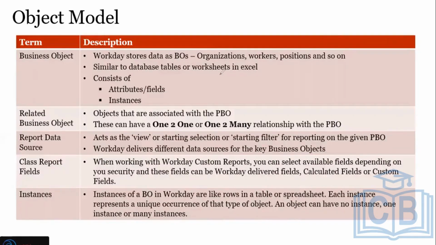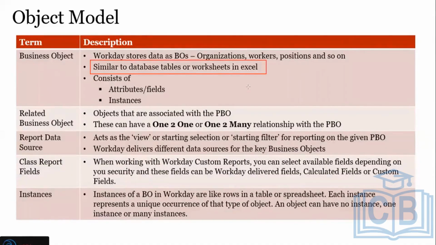Now, business objects are very similar to your database tables or your Excel worksheets, in the sense you can visualize them as rows and columns of data. A business object consists of attributes or fields.